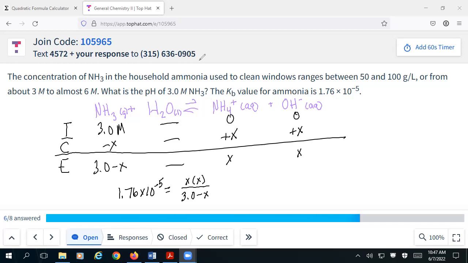And remember the 5% approximation: if 5% of the starting concentration is still bigger than K, we can ignore the minus x term.